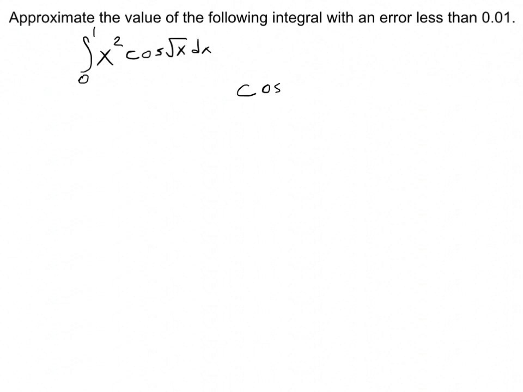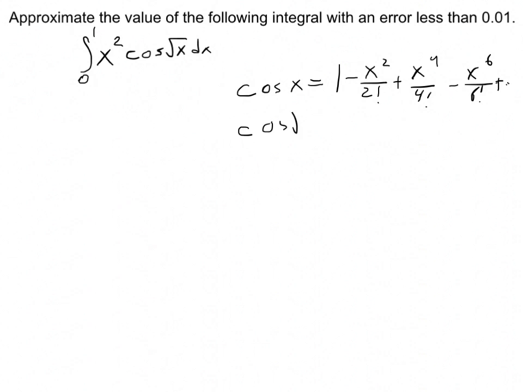First, I want to remind myself what cosine x is. Cosine x is an even function, so it's all the even powers of x. That would be 1 minus x squared over 2 factorial plus x to the 4th over 4 factorial minus x to the 6th over 6 factorial, and so on. So that means the cosine of the square root of x means I'll plug in the square root of x to all these places. 1 minus x over 2 factorial plus x squared over 4 factorial minus x cubed over 6 factorial, and so on.